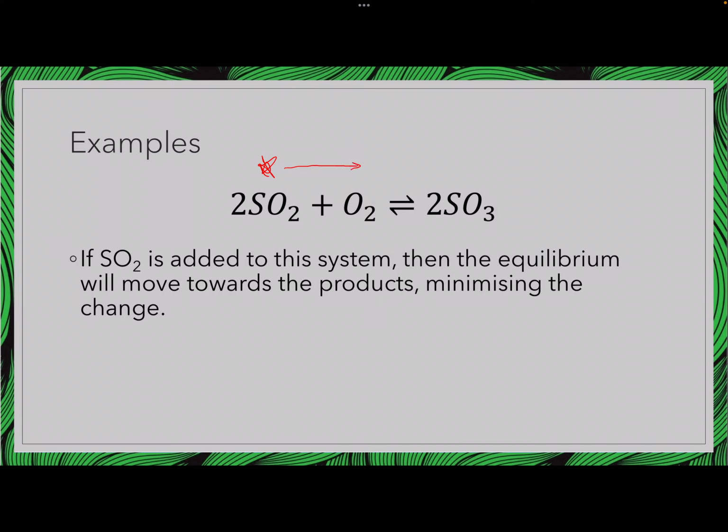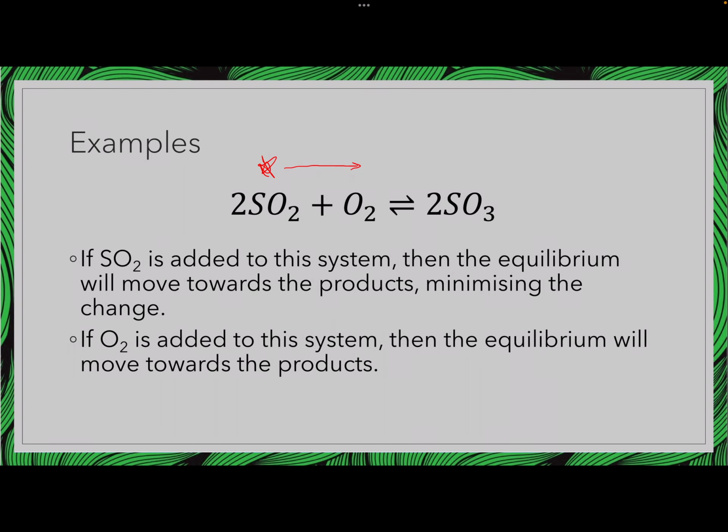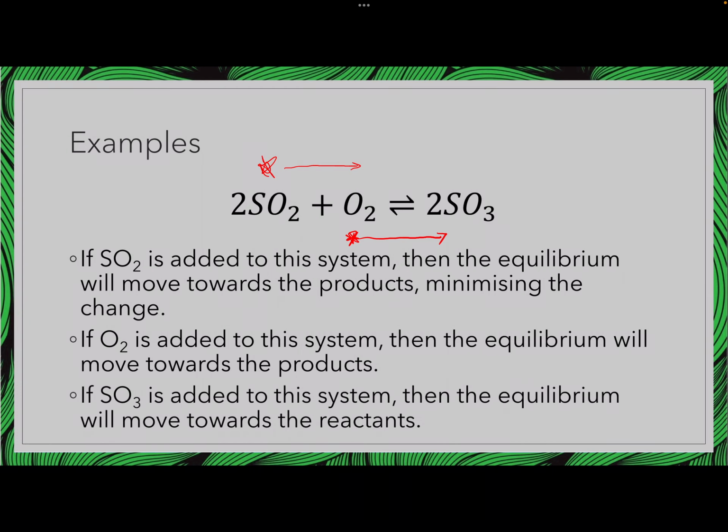So if we add 5 moles, it might use up 4 moles. If we add O2 to the system, it's also going to shift towards the products because it's the opposite side of where we've added stuff. If we add SO3, it's actually going to go the opposite way. So we've added stuff to the right-hand side, so it's going over to the left.